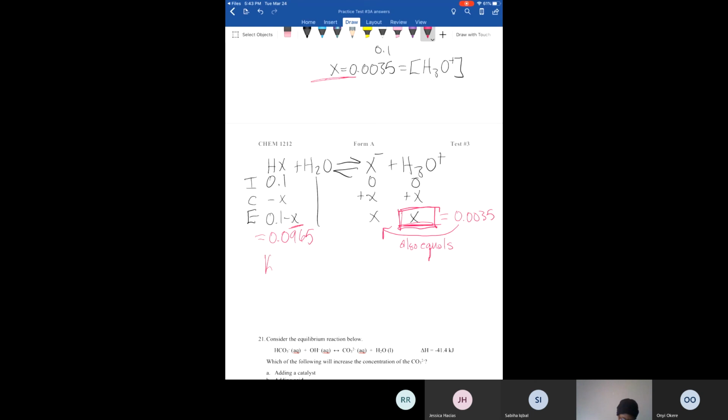So you can do your Keq now. You have all of your equilibrium concentrations: X minus times H3O plus over HX. That will equal 1.27 times 10 to the negative 4, which it does. That's great, because I forgot to look at the answers.